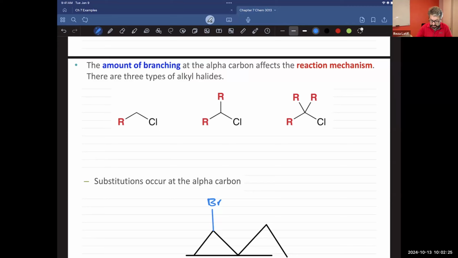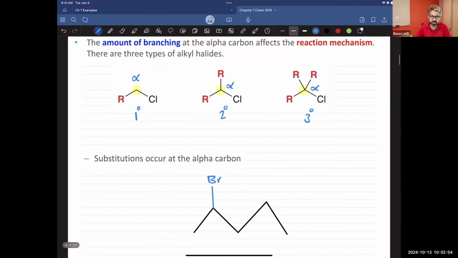The carbon that is holding the halide we call the alpha carbon, and I'm going to show it here. If that alpha carbon is attached to only 1 carbon, we say it is primary; if it's attached to 2 carbons, it will be secondary; and if it's attached to 3 of them, it will be tertiary.